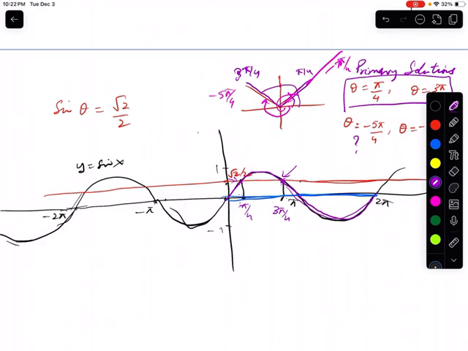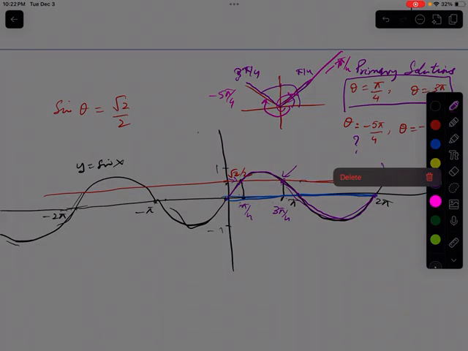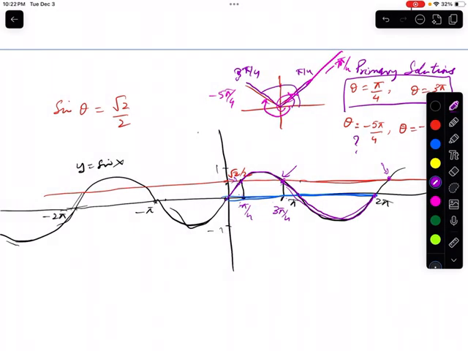But now it will again cross over here. Let me take another color and show you. From 2 pi to this point, this distance is pi over 4 again, but from the origin this is 2 pi plus pi over 4.